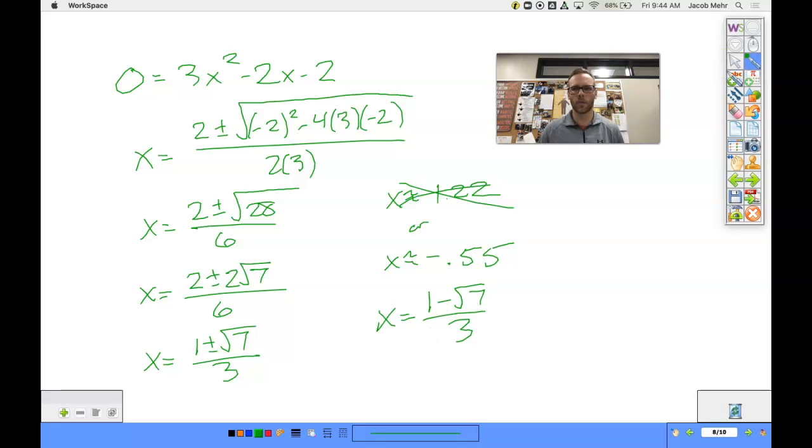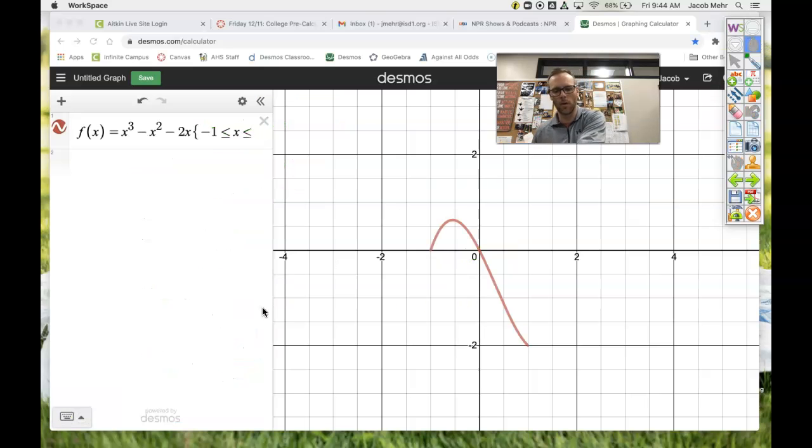And let's check it. Okay, so this one I already have graphed here for us. Take a look at our curve, and we're going from -1 to 1. So picture that slope. Now, where are we going to have a tangent line that's parallel to that? Probably around in this area. And let's actually plot that point.